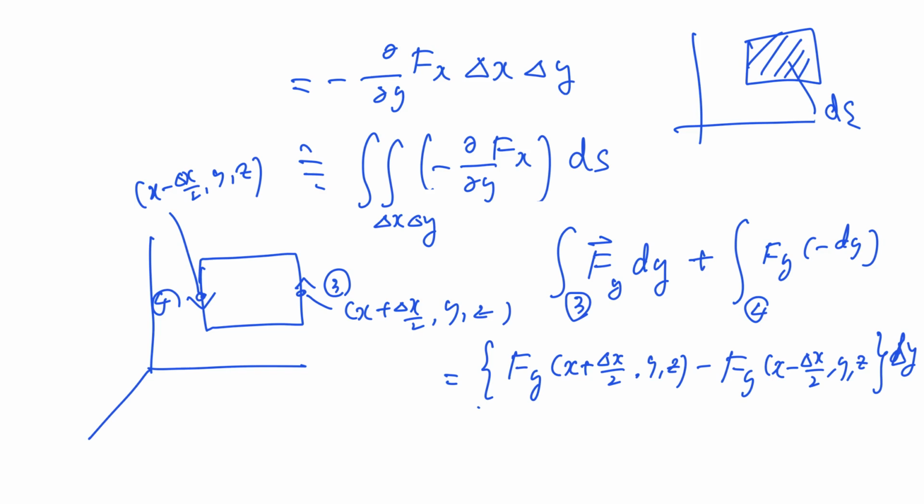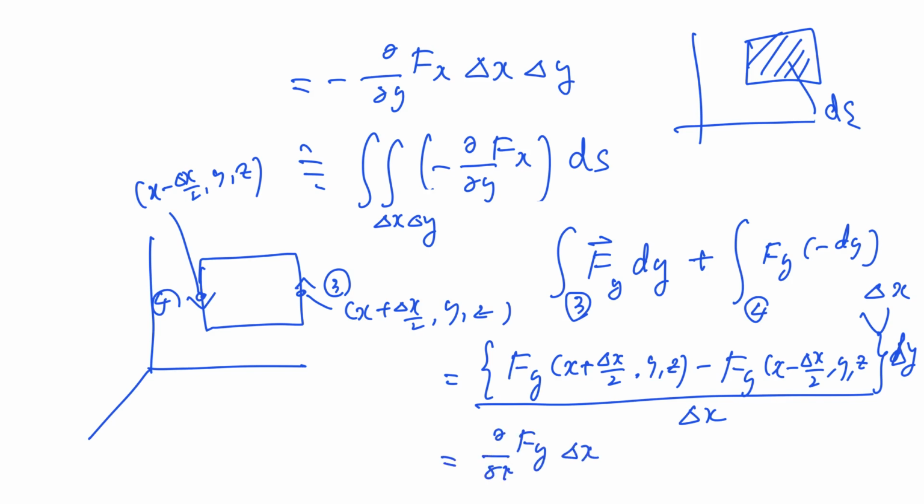And same thing, you can divide by delta x, multiply by delta x, then this becomes partial x of f y, delta x delta y, which can be written as partial x of f y ds, right?